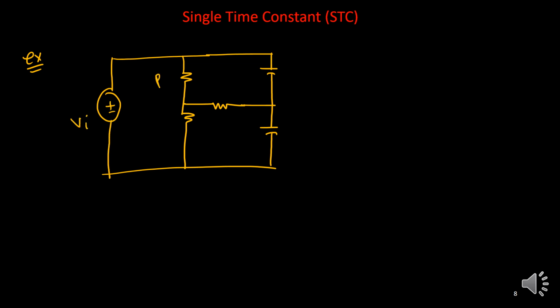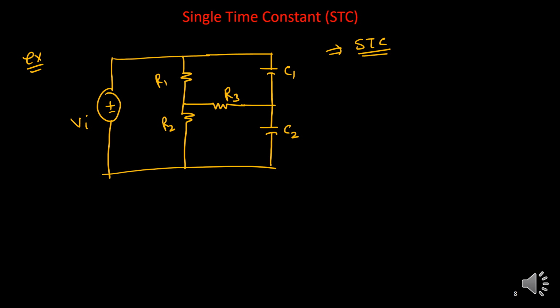So this one is R1, it is R2, it is R3, this one is C1, C2. Can you find the time constant and whether it is a single time constant or not? My claim is, again, this is a single time constant circuit, only one time constant. So how to visualize this thing? How to get the time constant value?